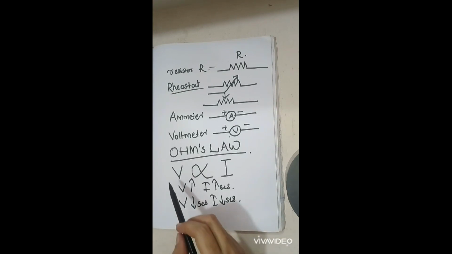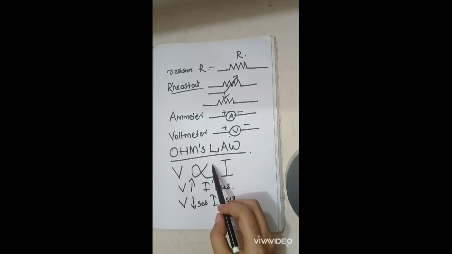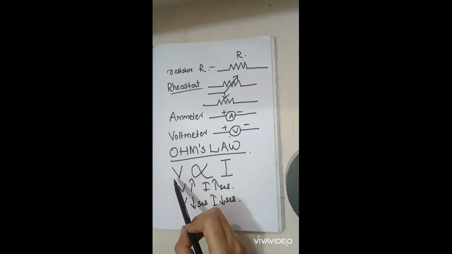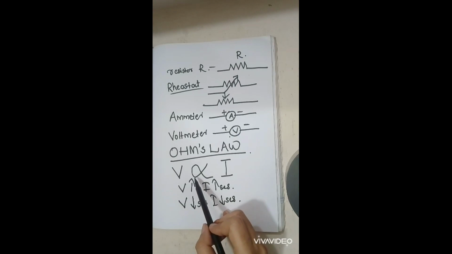But that is, potential difference is directly proportional to the current. Directly proportional means as the potential difference increases, the current increases. As the potential difference decreases, the current decreases.